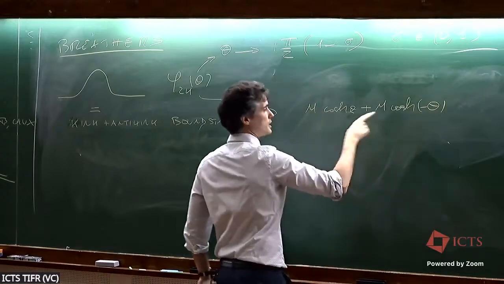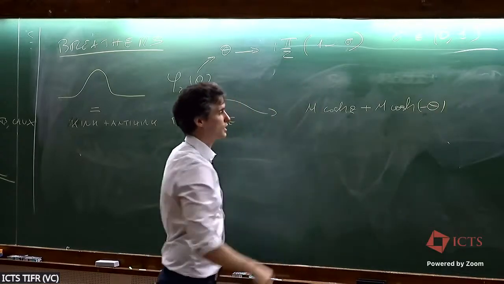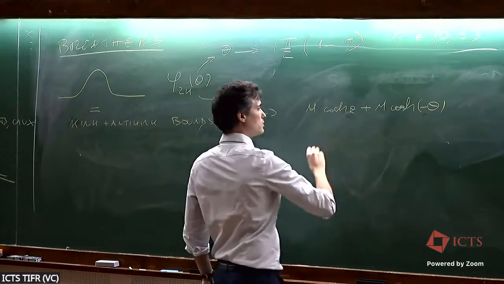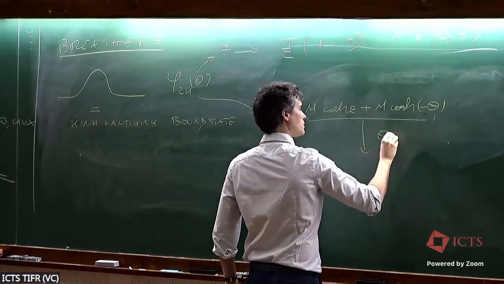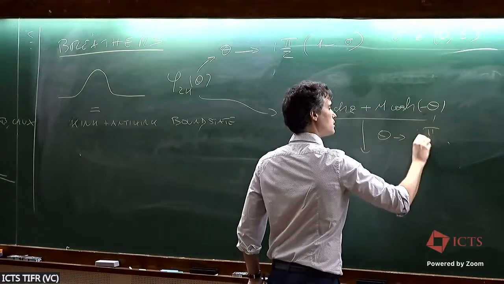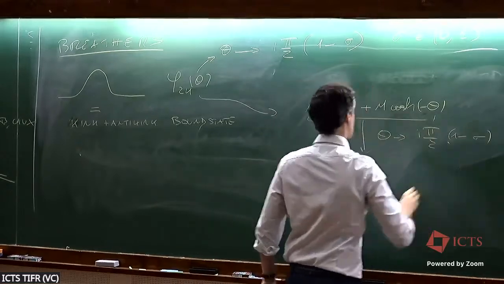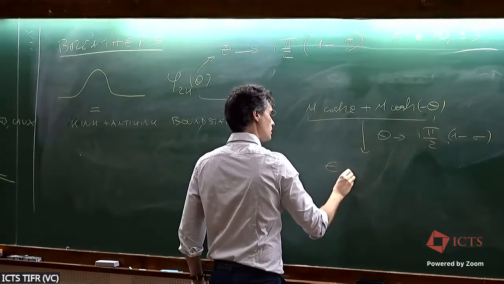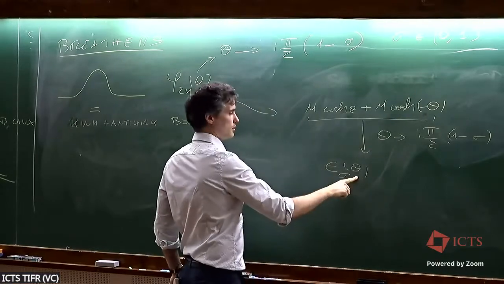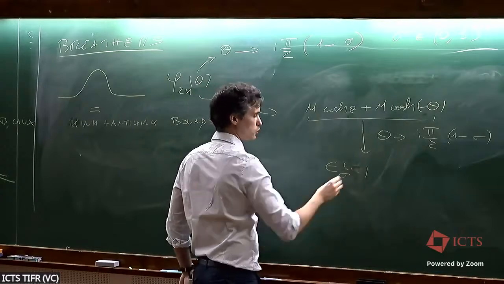Of course, theta and minus theta are the same, but once I do the analytical continuation, what you're going to find is that the new particle, which is now a bound state, has an energy that depends on sigma. In this case it's the rest energy, but you can also put it in motion.